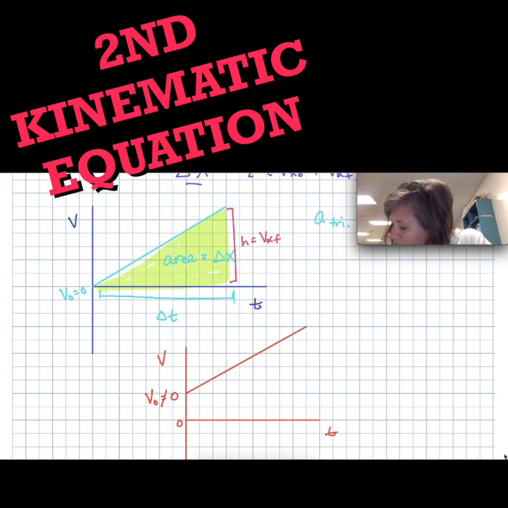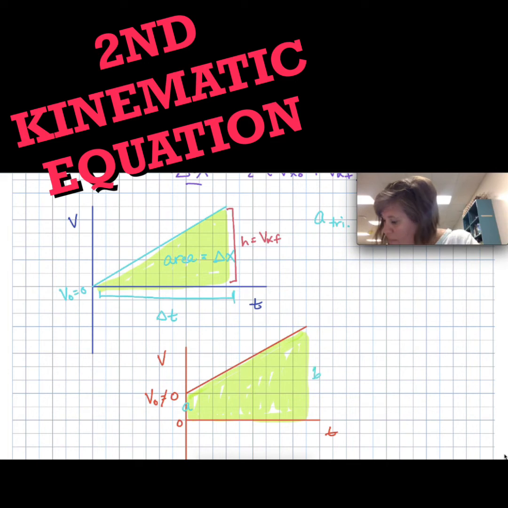So here, the area represents the displacement, but we don't have a triangle here. Now we have a trapezoid, okay? And so with a trapezoid, this would be the A length, that's our shorter length.